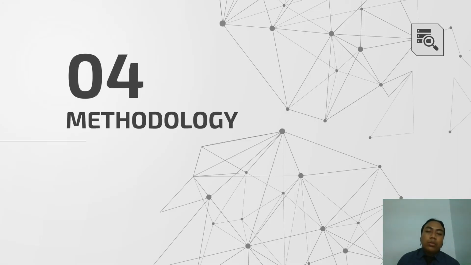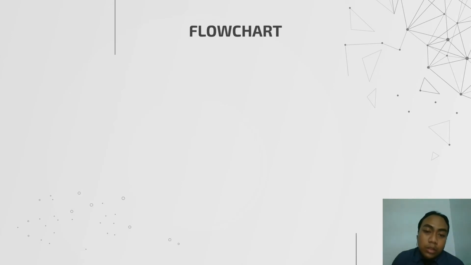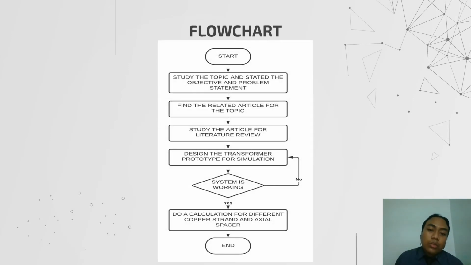For the methodology, this is the process of how this project is working. At first, we will study the topic and state the objective and problem statement that have been said earlier. Secondly, we will find the related articles for the topic. After that, we will study the articles for the literature review.